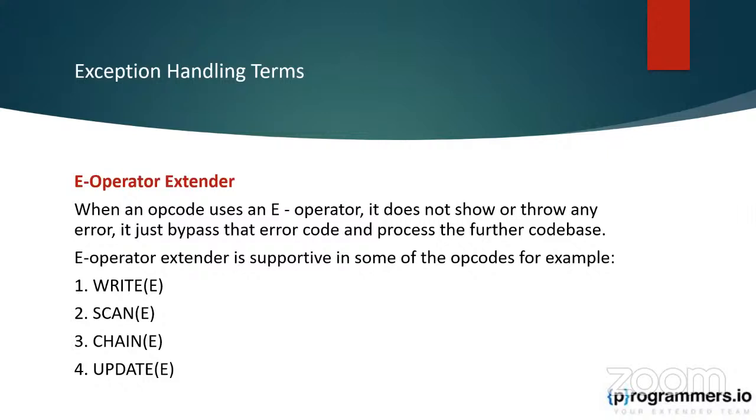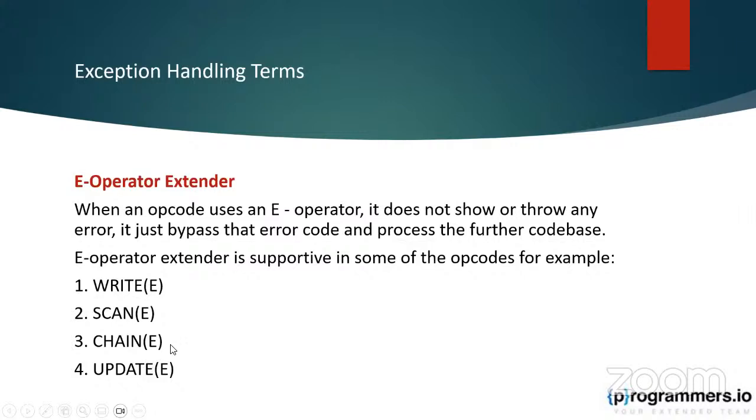Sometimes if we use those opcodes in our program, those opcodes can also raise issues. For example, we use the update opcode in the program, but for some reason update throws an error, for example the file is used by another program. So in that case we can use the E operator extender with the update opcode.